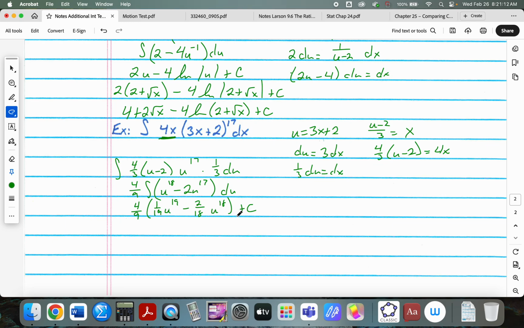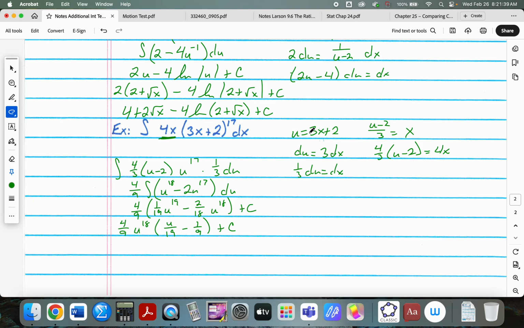I can factor out a u to the 18th, so I'll have 4/9 u to the 18th times u over 19 minus the 2/18 reduces to 1/9, plus c.